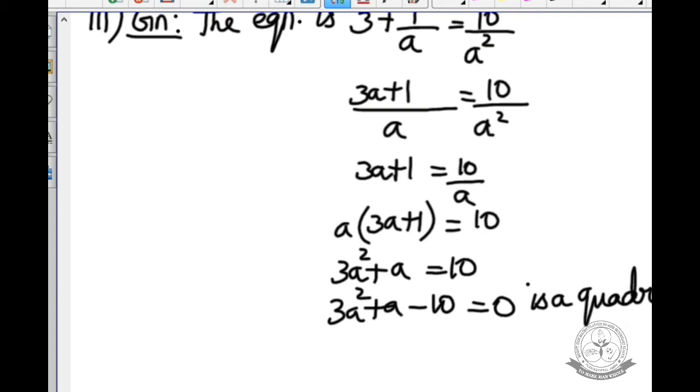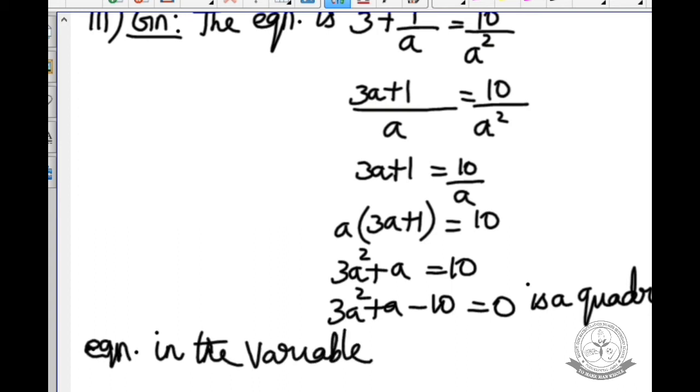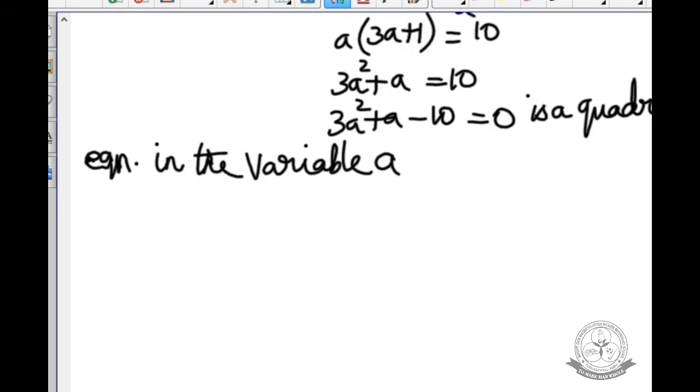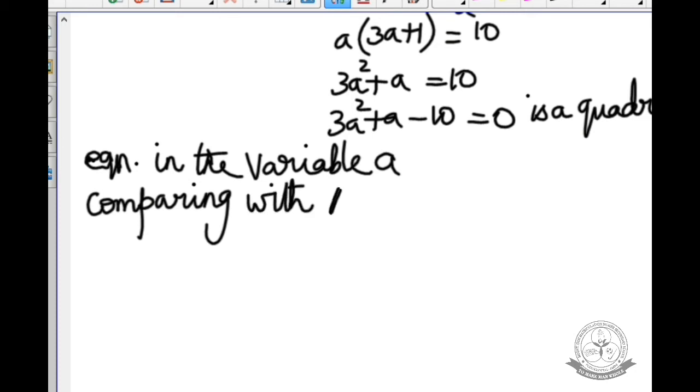Here a is the variable, and this is a quadratic equation in a. So comparing with the general form, here we already have an a, so we write it as capital A, Ax squared plus bx plus c equal to 0.